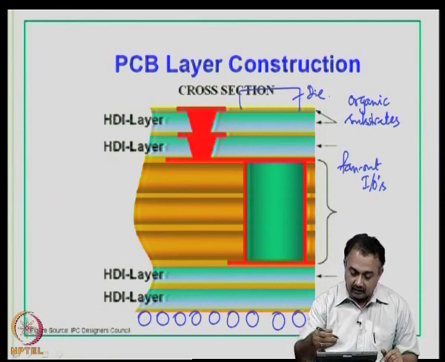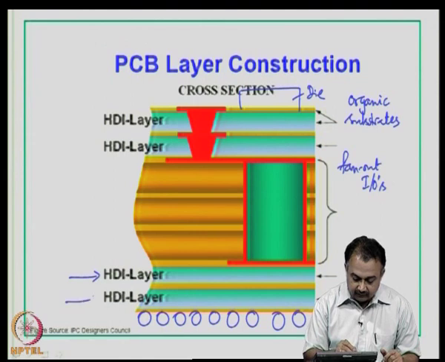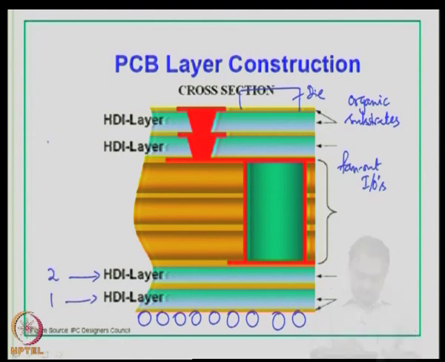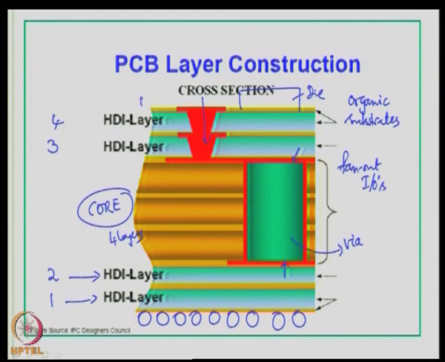So, if you look at the cross section, you will see multi layers. This could be layer 1, layer 2, layer 3, layer 4, and so on. And then you have a core. This core will have 1, 2, 3, 4 layers. So, typically it could be a 8 layer board or 8 layer substrate, and then you have a via here which is fairly large, which interconnects from this layer to this by metallization or using copper, and then here you will see all the additional built up layers are connected by using micro vias.